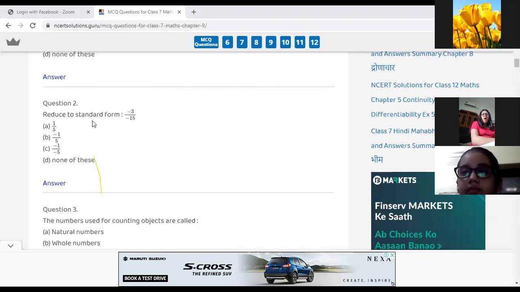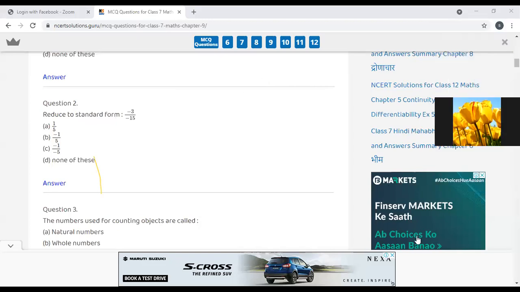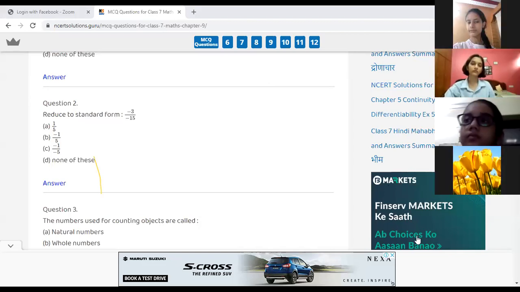So this question: reduce to the standard form. Khushi? Yes, Samriddhi? Ma'am, 1/5. Yes. What do you mean by standard form, beta? Ma'am, lowest form.